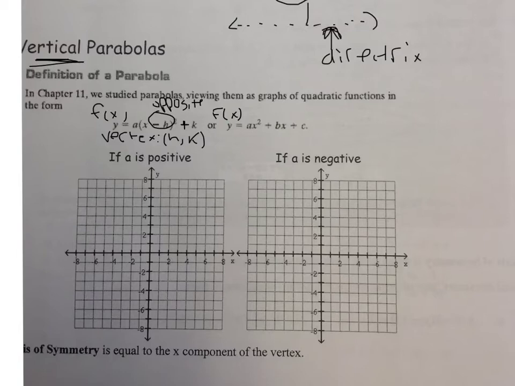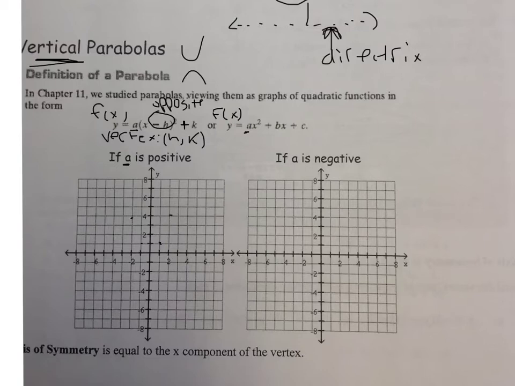Parabolas that go like this or like that, that open up or open down. And whether they open up or down is dependent on a. So our a in either formula, it doesn't matter, they both have an a. If a is positive, you get a parabola that opens upward.